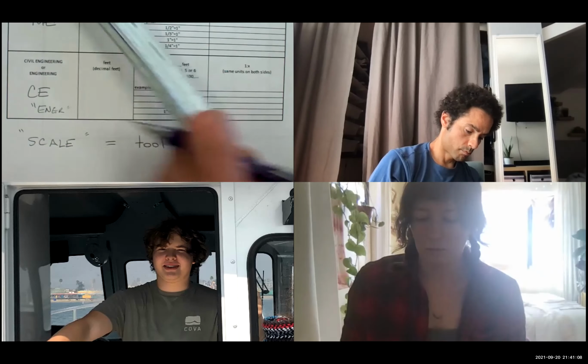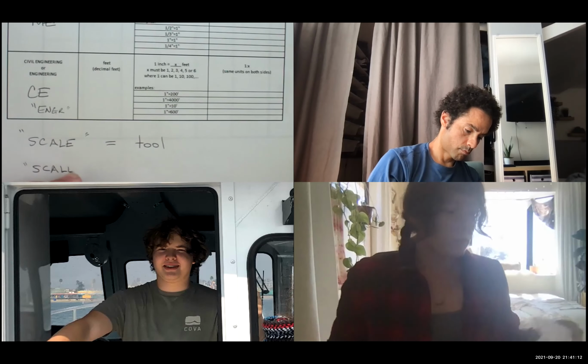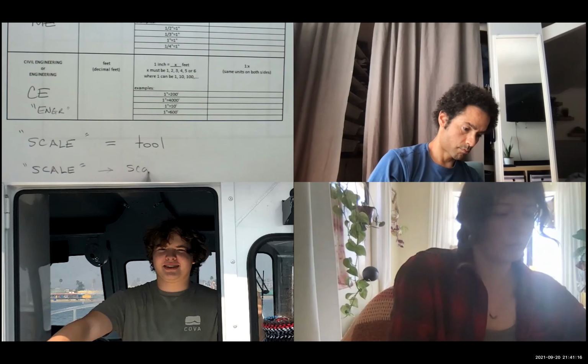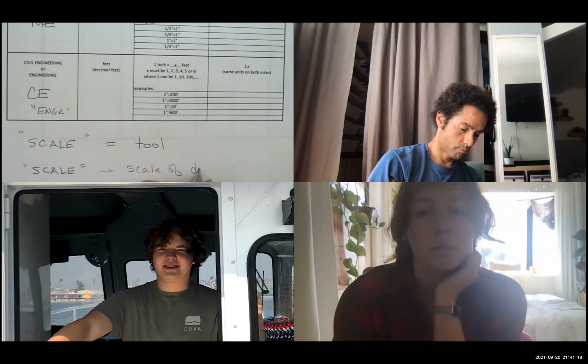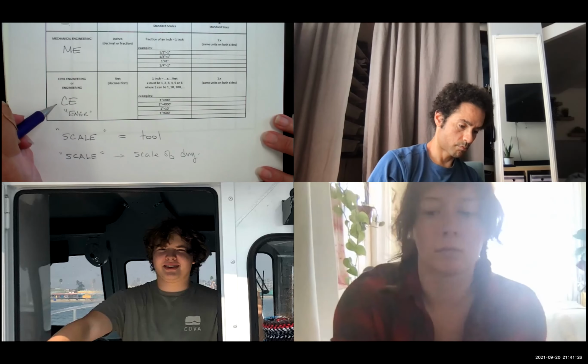This is a scale, right? It's a tool. But the term scale also applies to a scale of a drawing. So we are going to be looking at both the ME and the civil engineering scale.